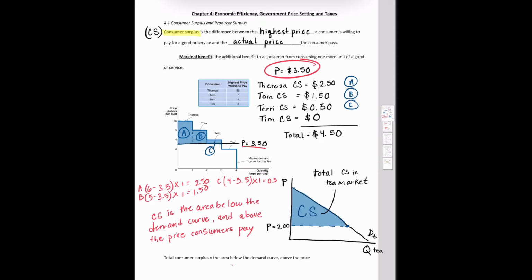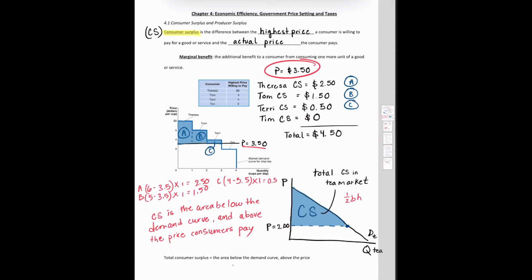Here, our price has fallen to $2, and so you can use the formula 1/2 base times height to calculate the area of a triangle, and to calculate consumer surplus.